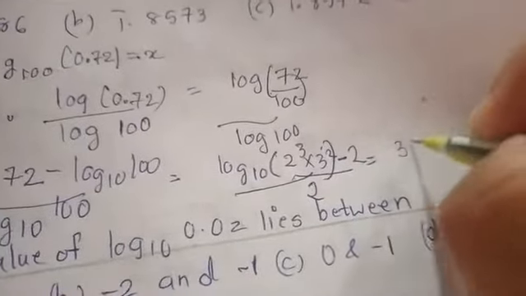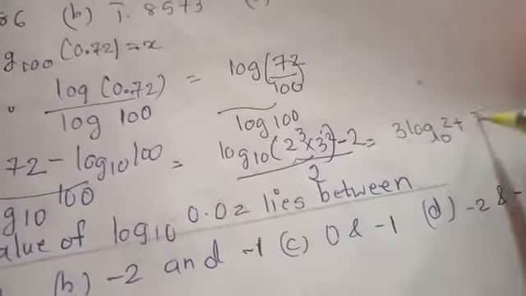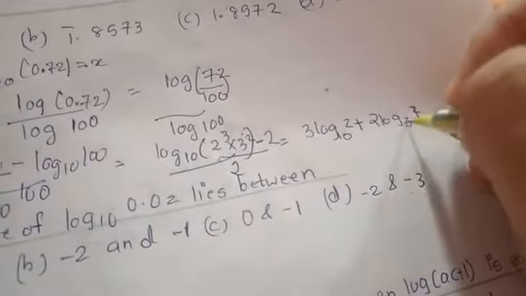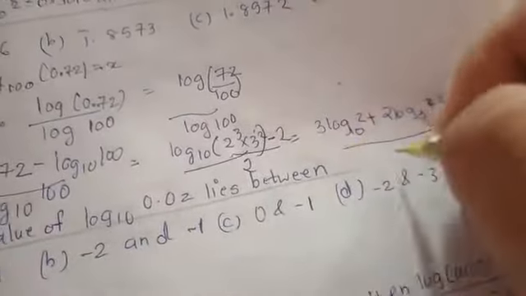Therefore we can further simplify this expression as 3 log 2 to the base 10 plus 2 log 3 to the base 10 minus 2, upon 2.